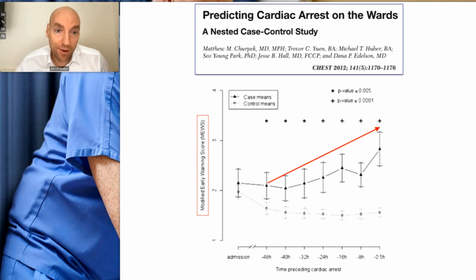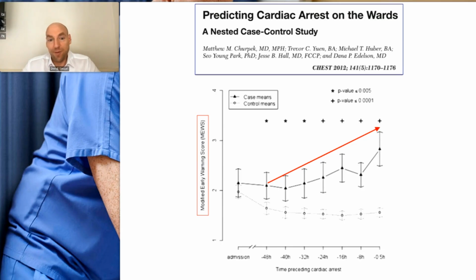So patients who develop cardiac arrest on a ward have alterations in vital signs that then result in a higher modified early warning score hours before the event. And if you look at the x-axis, you can see that those changes can often occur up to 48 hours, 2 days before the event.